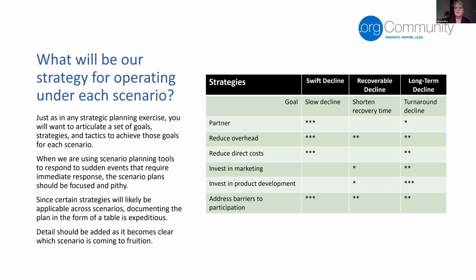The first thing I'm looking at here is a goal for each, and the goal is not necessarily our long-term goal, but the goal for managing through this scenario. Our most intense scenario was swift decline.